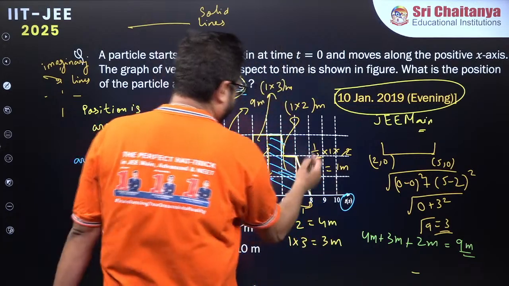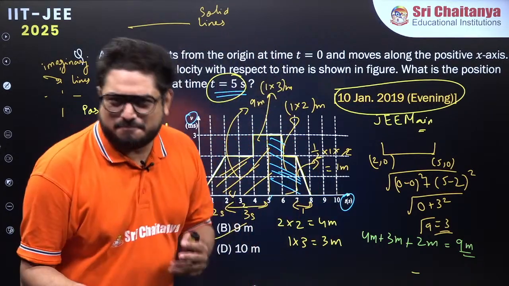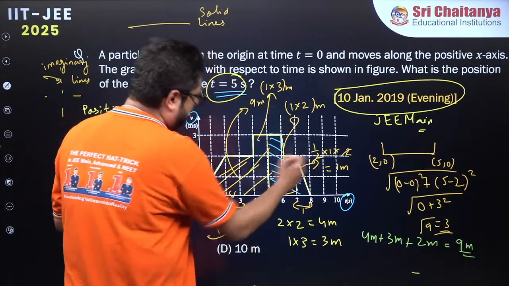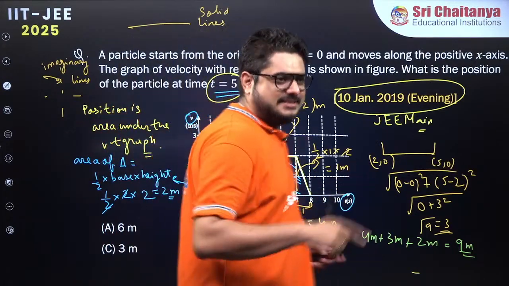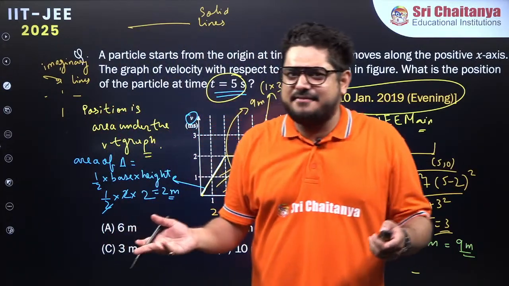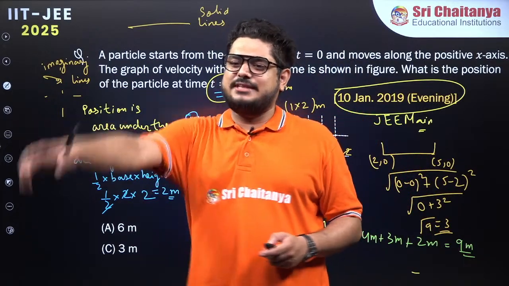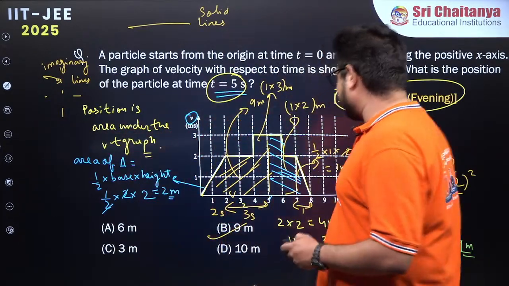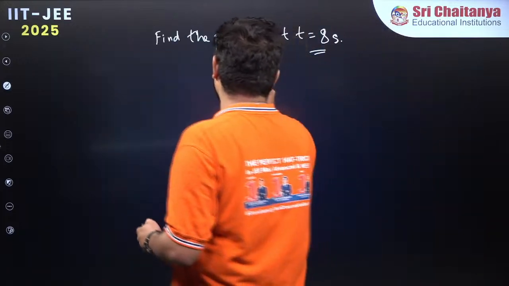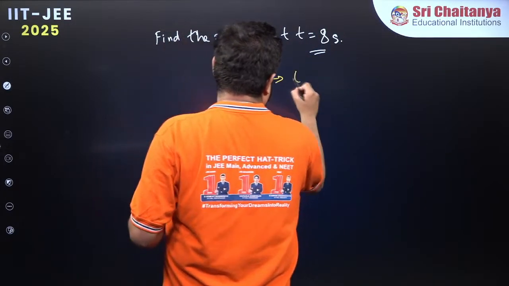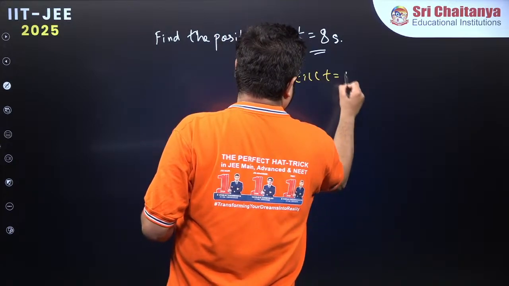So the remaining shaded portion has 3 plus 2, 5 plus 1, 6. So 9 meters we were already having, till t is equal to 5 seconds.